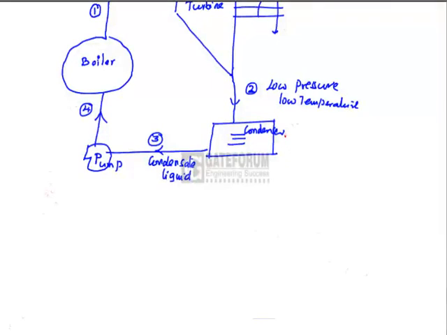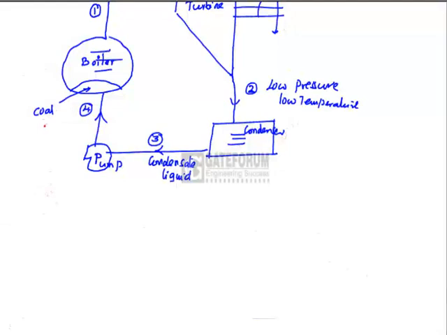If you look at the cycle, there is feed water entering the boiler. In the boiler, what are the main parts? We have the boiler drum, we have the boiler furnace. Into the boiler furnace, the fuel is fed. Mostly the fuel would be coal.